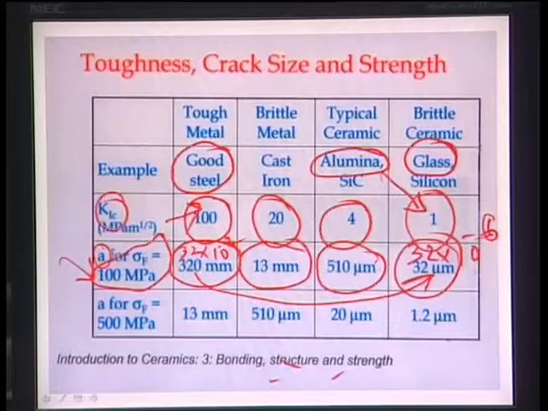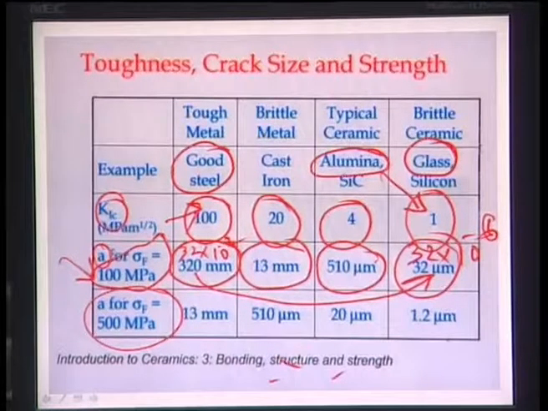That means 4 orders of magnitude difference. That comes because of the square root dependence on the crack length. So that means the crack length has a much more significant influence on the fracture toughness value of the materials.